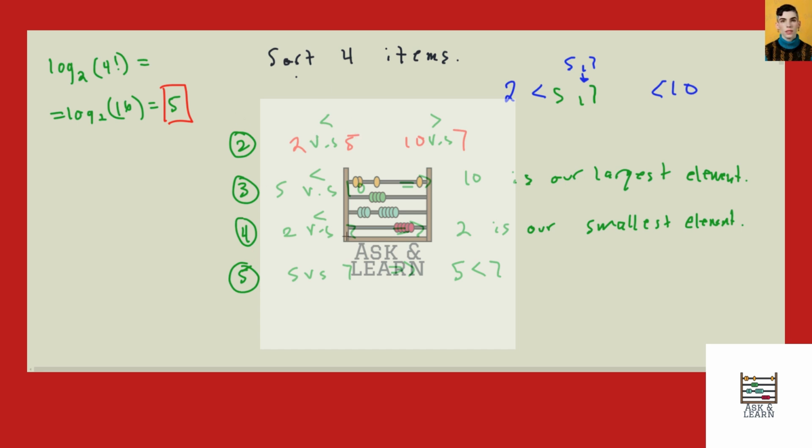So why don't we go ahead and redefine these? So instead, I'm going to call 2 a, 5 b, 10 c, and 7 d. Or actually, better yet, let me switch these positions here. So I'm going to switch the 5 and the 2. And you'll see why I want to do this in a second.